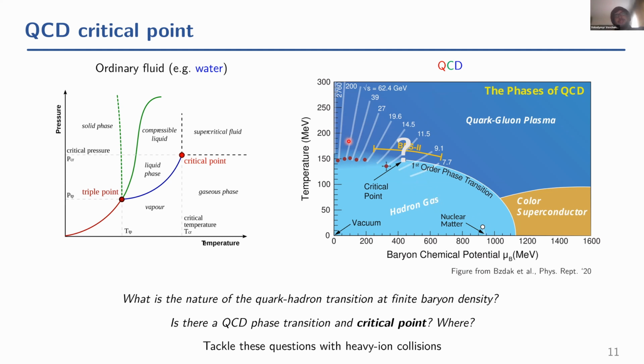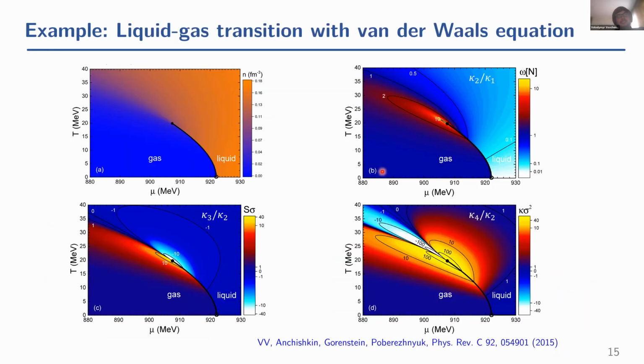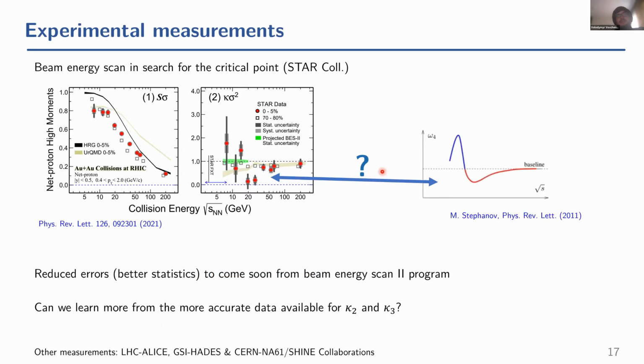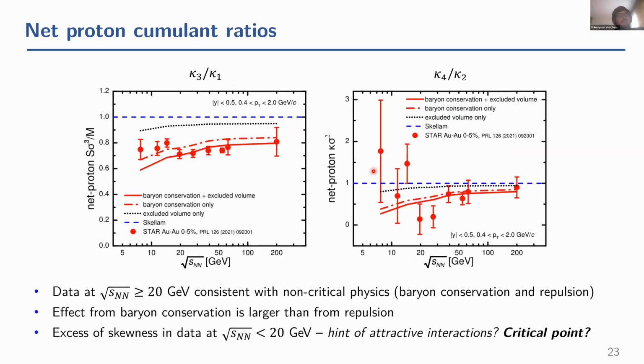If there was a critical point, let's say at relatively low mu b over T, then we would probably have this regime where we are back at the baseline, and then we could say that the critical point is really just some perturbation in a small range of square root of s. But I think that because the critical point, if it exists, is at fairly high mu b, it's hard to establish the baseline on this other lower end of square root of s.